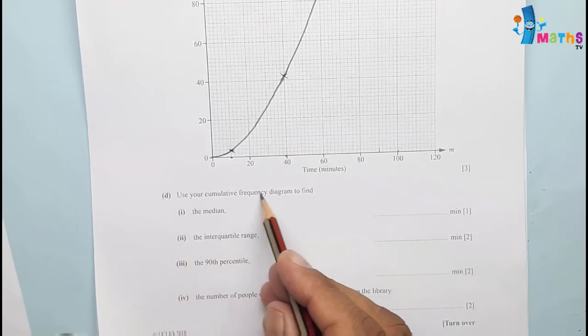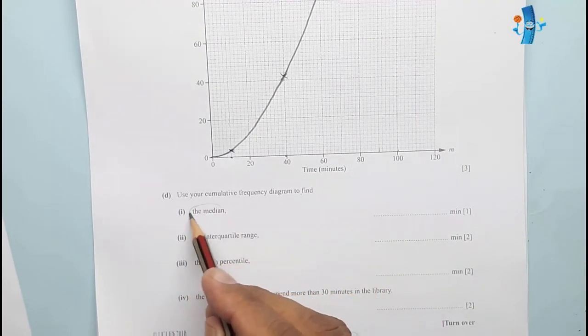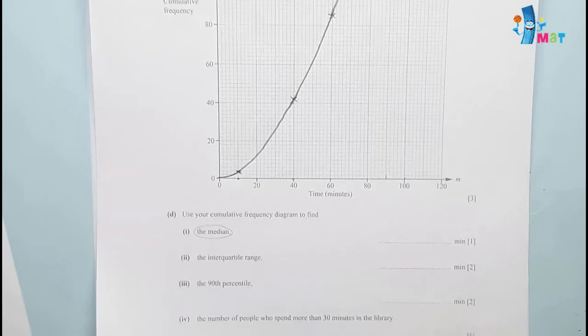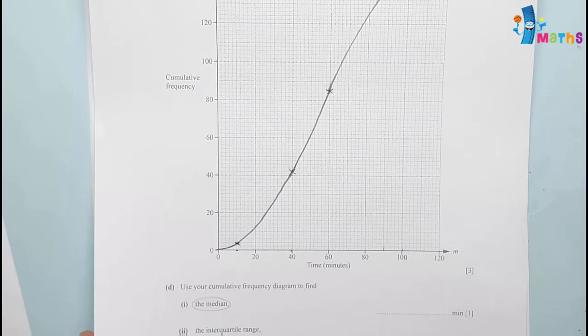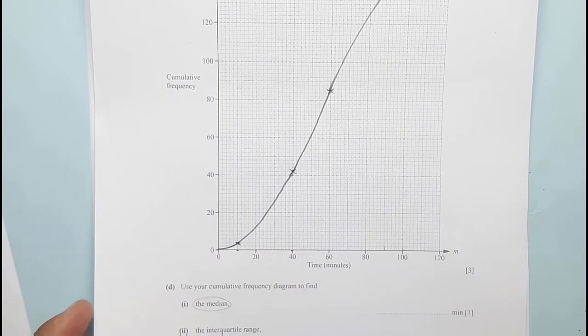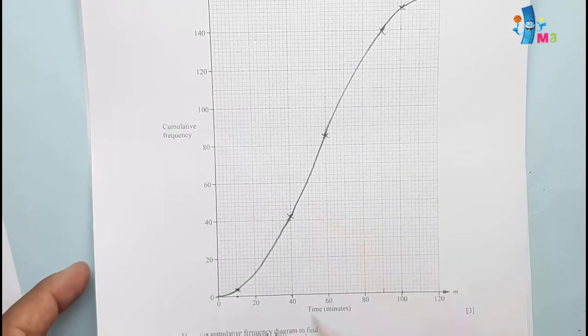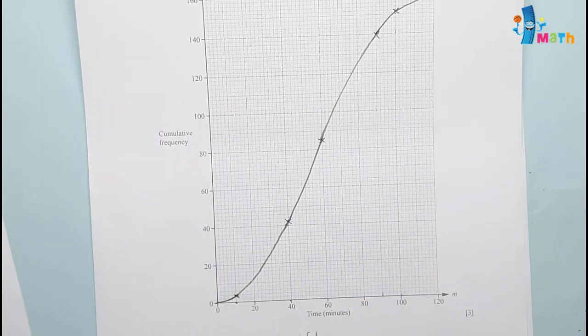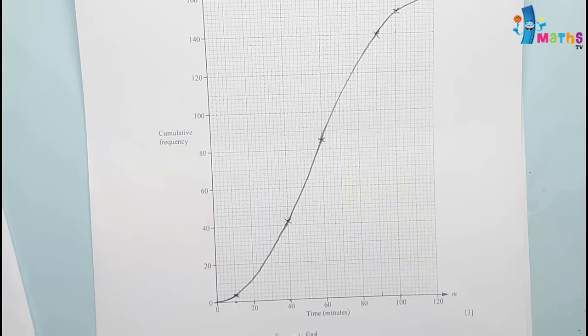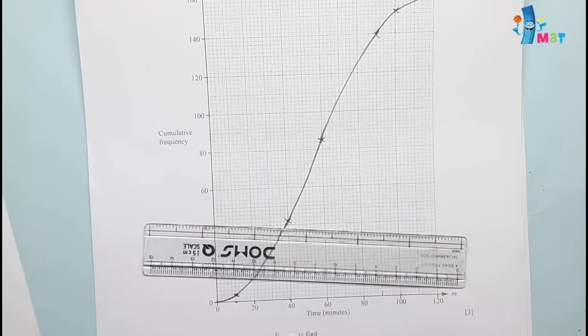Use your cumulative frequency diagram to find the median. The median will be the middle value, and for the middle value we will be checking this one. The middle value will be 80, so we can draw with the scale. Okay, so this is the scale.